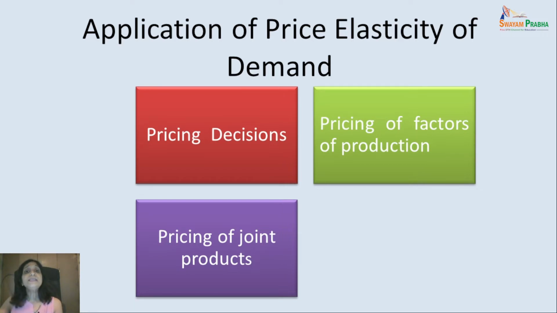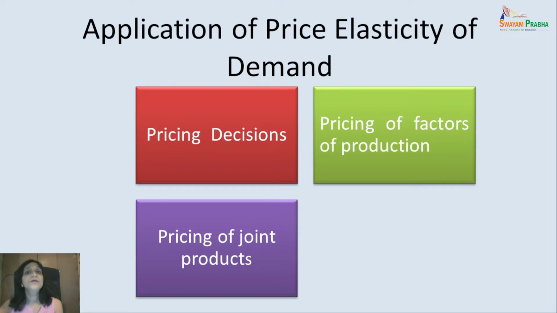So when two products are jointly produced, because one will be produced automatically with the other, the elasticity of demand of both the products will help the businessman decide how much price he should charge for both. Because both products are produced together, but the elasticity of each may be different.